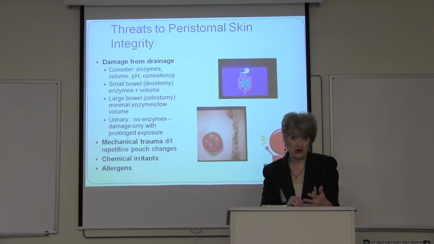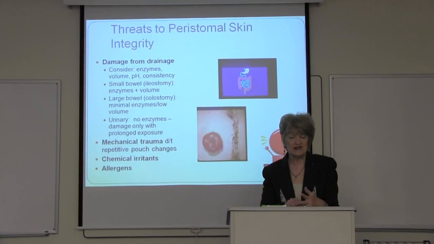And in looking at drainage, specific factors to consider are whether or not that stoma is draining fluid that contains enzymes, and specifically proteolytic enzymes, or enzymes that are designed to break down protein like skin. So we know that small bowel fluid is very high in proteolytic enzymes and very damaging to the peristomal skin. Gastric output, very high in proteolytic enzymes, very damaging to the skin.